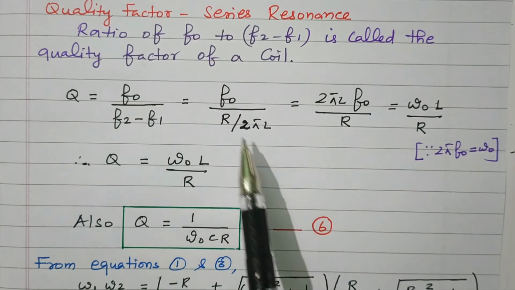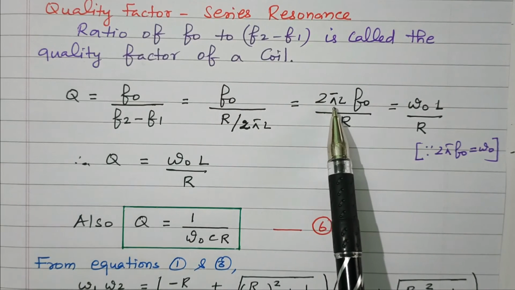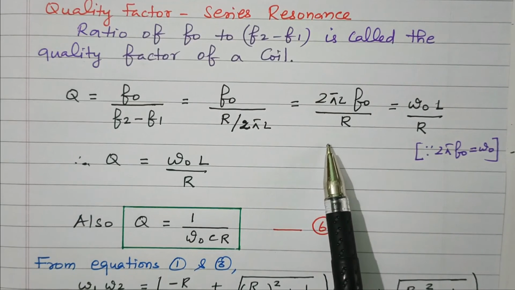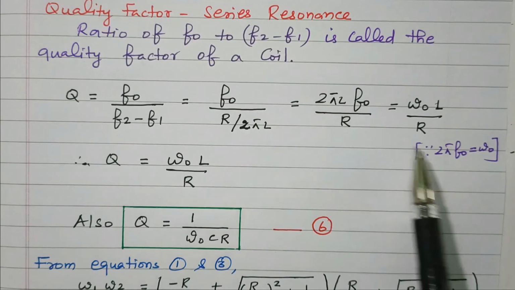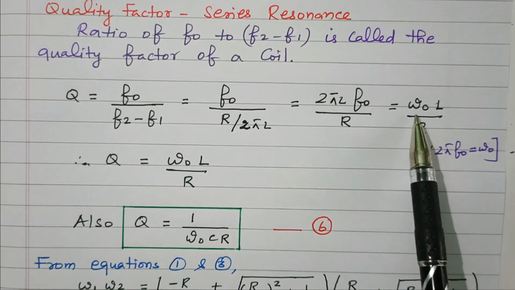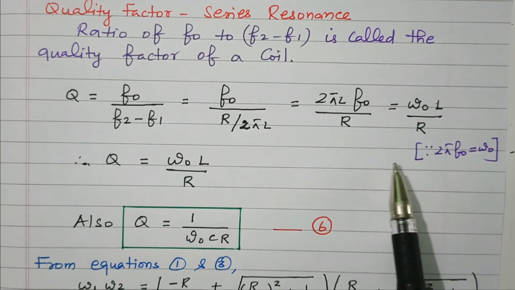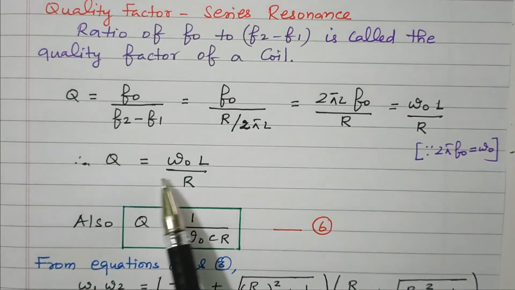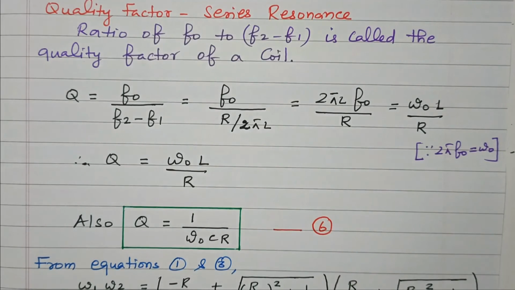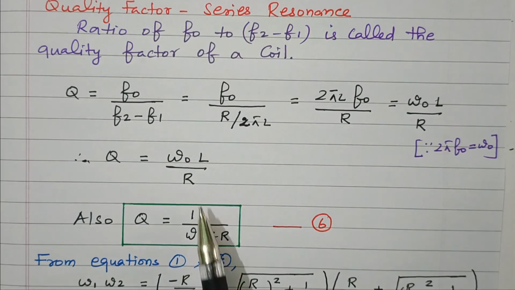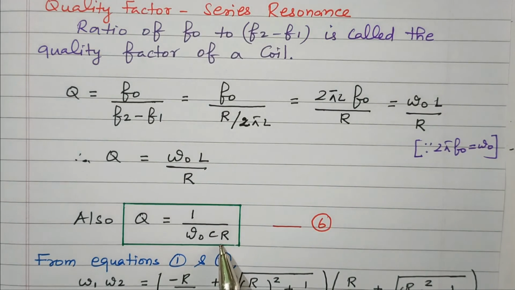This 2 pi L will go to the numerator, so 2 pi L f0 divided by R. This 2 pi f0 can be written as omega naught. So Q equal to omega naught L by R. It is also written as Q equal to 1 divided by omega naught C R. The first is in terms of the inductance, and this is in terms of the capacitance.